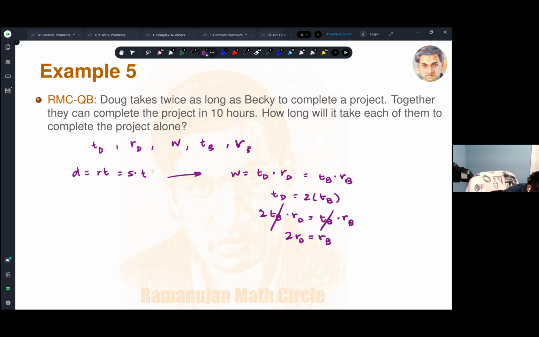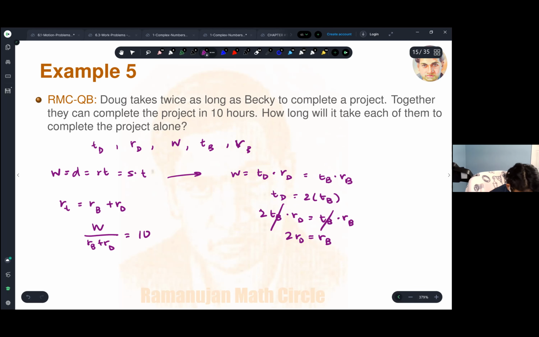So the total rate is going to be RB plus RD, and so work divided by RB plus RD is equal to 10, because the distance is equivalent to the work, by the way. You call it work is equal to rate times time instead of distance is equal to speed times time.